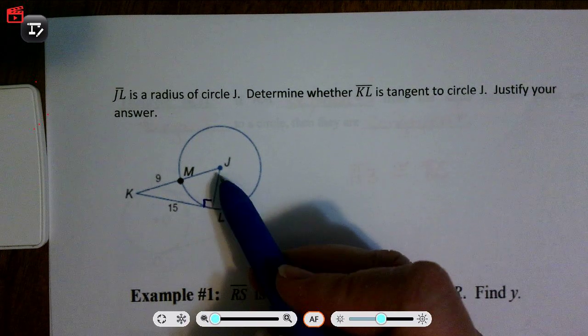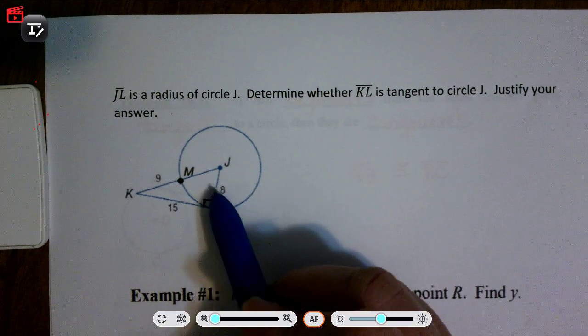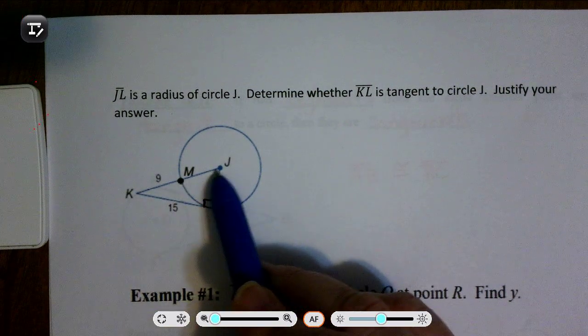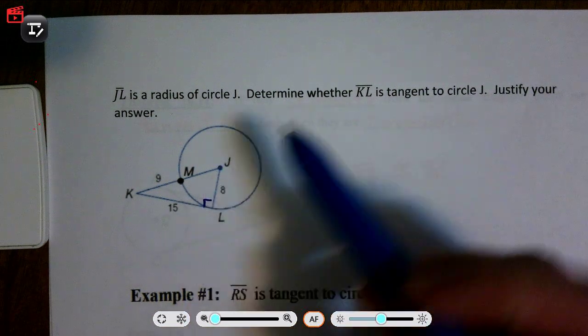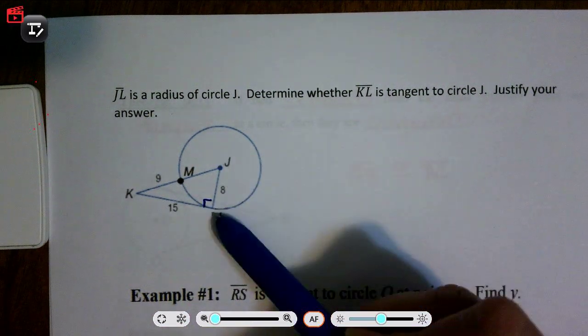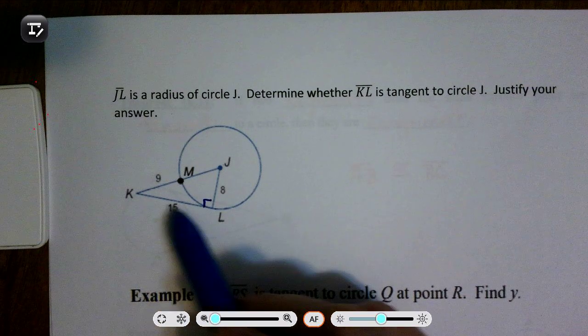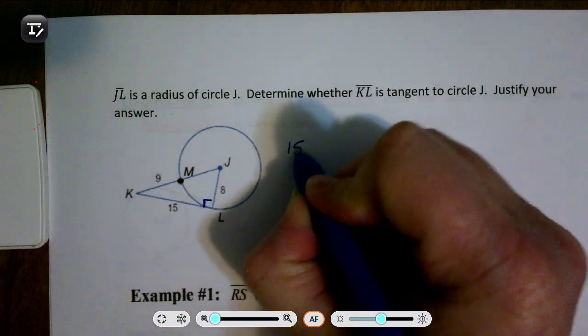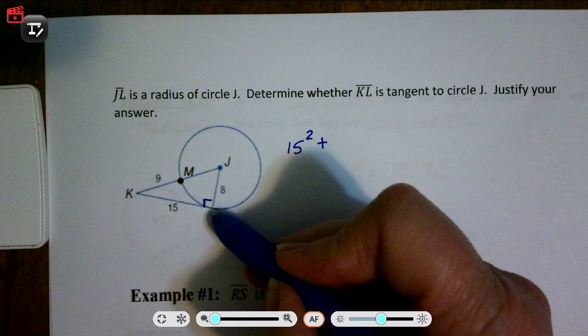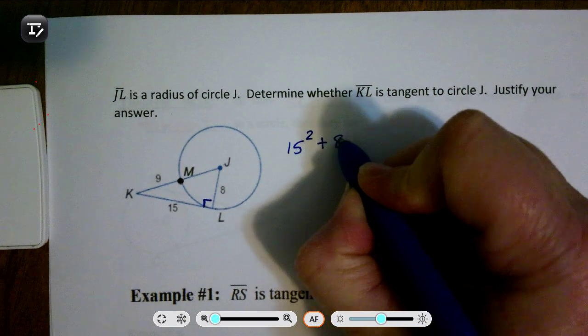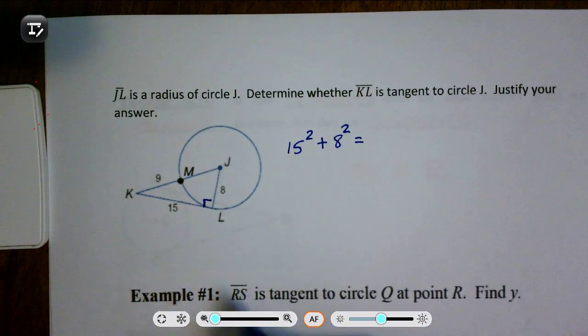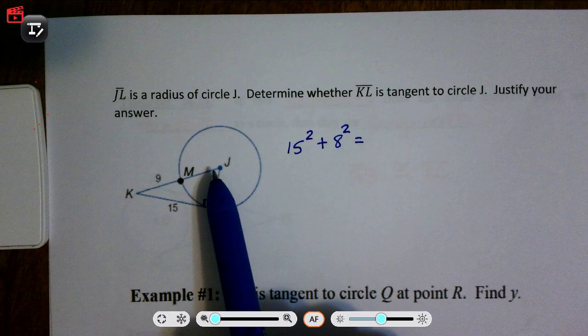So we're going to use the Pythagorean theorem where, keep in mind, our hypotenuse is this right here. KJ is the hypotenuse. JL and LK are the legs. So my one leg is 15. So 15 squared plus the other leg, 8 squared, has to equal the hypotenuse.